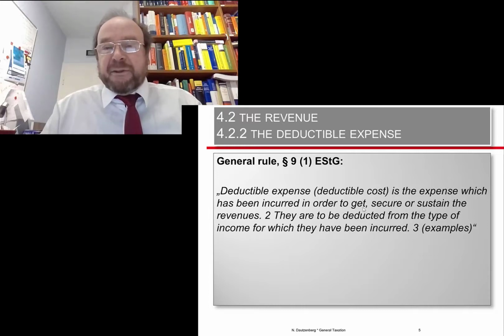There is also no word about the necessary deductible expense. No, it's just the expense which you made with the intention to generate revenue, to get, secure, or defend against falling away the taxable revenues. That's the idea in mind, and that is what is decisive.